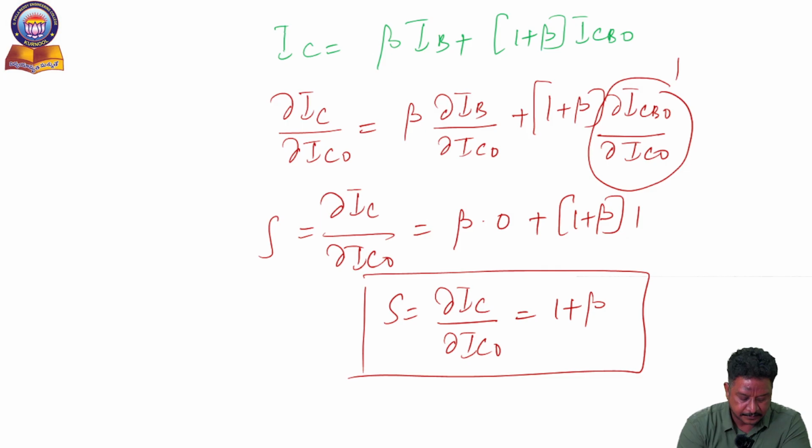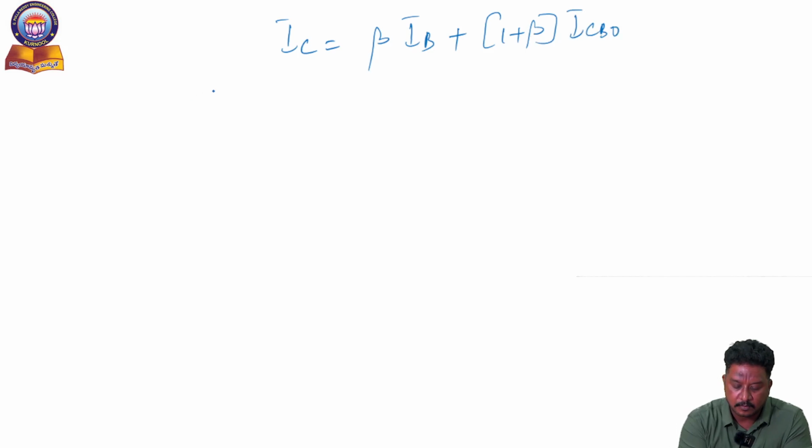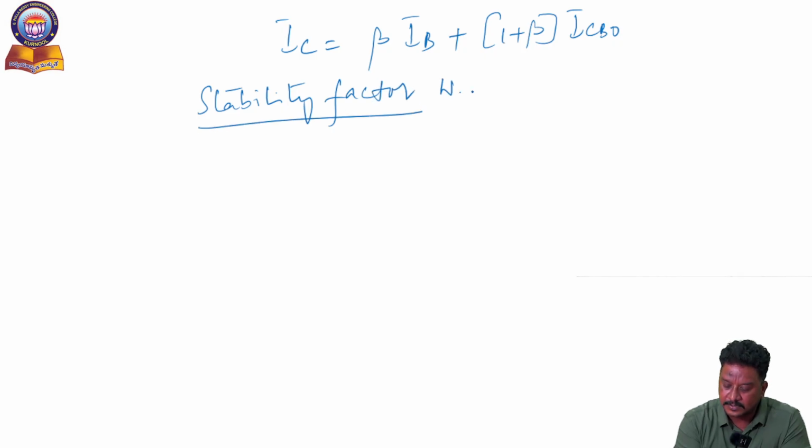The next, we'll find the stability factor. IC is equal to beta into IB plus 1 plus beta into ICBO. Now, the actual meaning of stability factor with respect to the common emitter configuration.